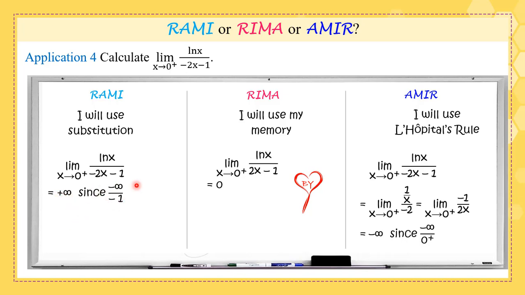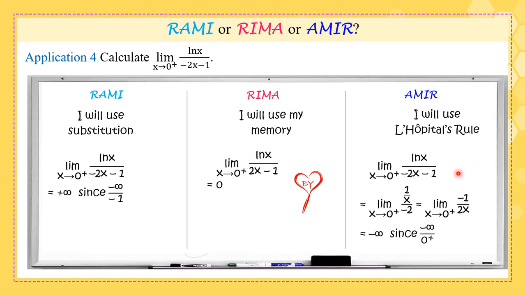So this is correct. What Amir did is that he used L'Hopital's rule, but pay attention, if we substitute here, we get negative infinity over negative 1, as what we got for Rami's answer, and this is positive infinity, not infinity over infinity or 0 over 0.